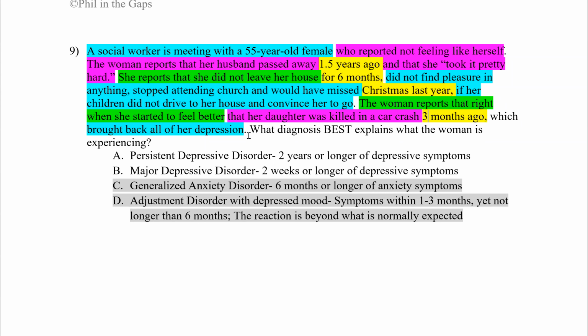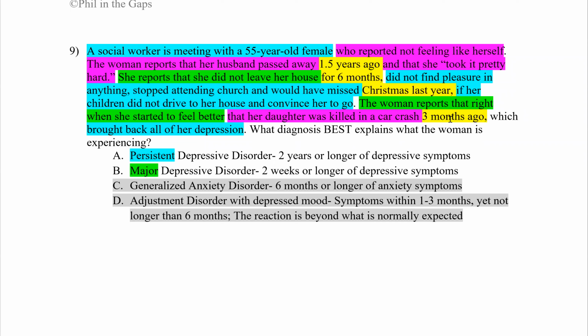So now we're in between A, persistent, key emphasis on persist because it persists over time, or B, major, it's a major event. And if we think back to the difference between these two, a year and a half ago, 6 months, 3 months, I often do not see 2 years or longer.